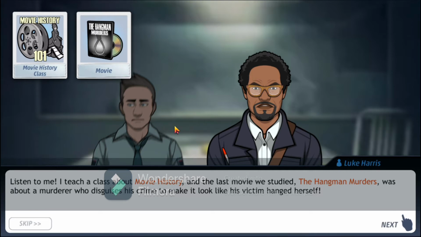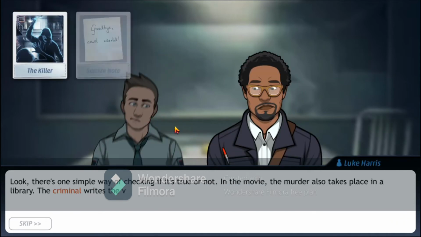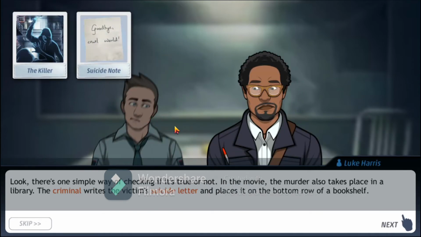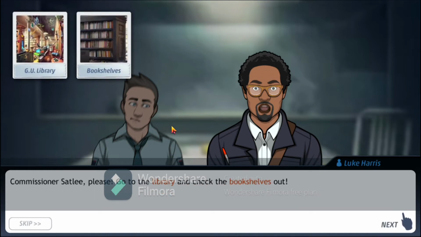So as I went through the investigation in chapter 1 and chapter 2, I later found out that Luke wouldn't do that, because as Grace stated, he would never have that kind of mindset to kill someone, especially a student.